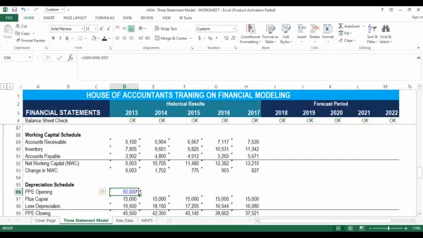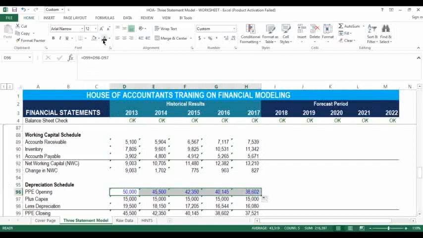The same thing will happen to the next one. The same thing will happen to every other thing. So that will have been the opening balance of those assets at the beginning.